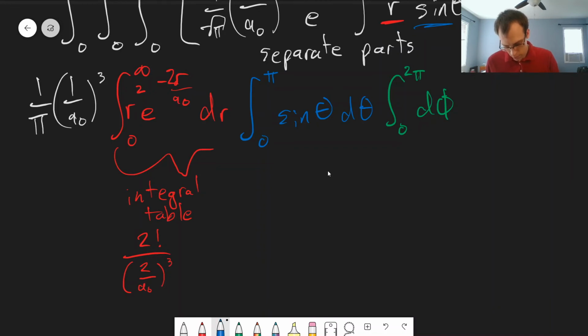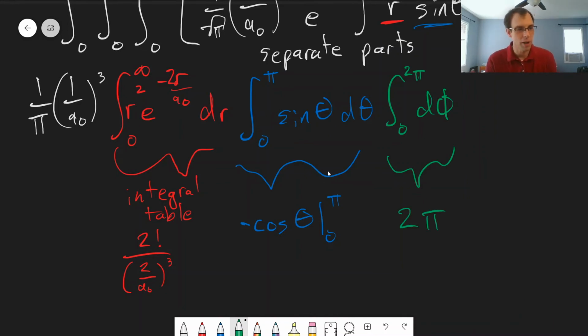All right. The integral of sine theta is negative cosine theta, and we evaluate that from 0 to pi. And this one's easy. This will just be 2 pi. Nothing fancy here, right? We're just integrating 1.